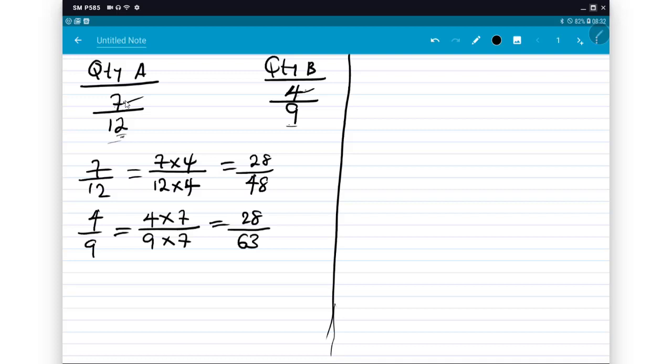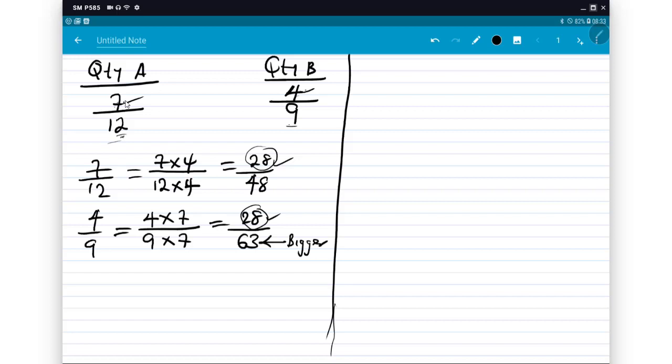Okay, so now I have been able to make their numerators the same. And remember, if the numerators are equal, then the bigger the denominator, the smaller the fraction. So here now, the bigger denominator is 63. Alright?